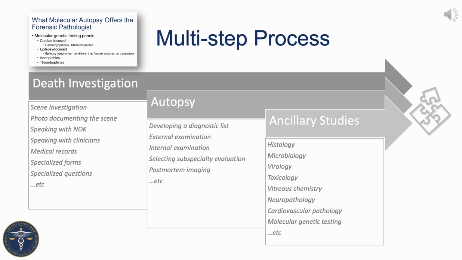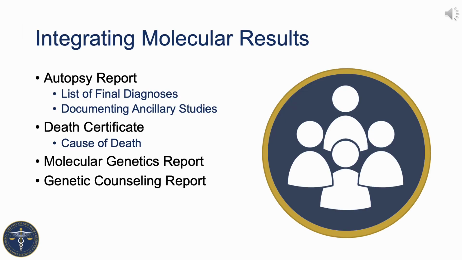Determining the cause of death is a multi-step process and integrates information from the death investigation, the autopsy, and the results of the ancillary studies. These results then need to be integrated and taken into account with any molecular genetic testing results. Integrating the molecular results into a cohesive explanation for a decedent's cause of death is critical.